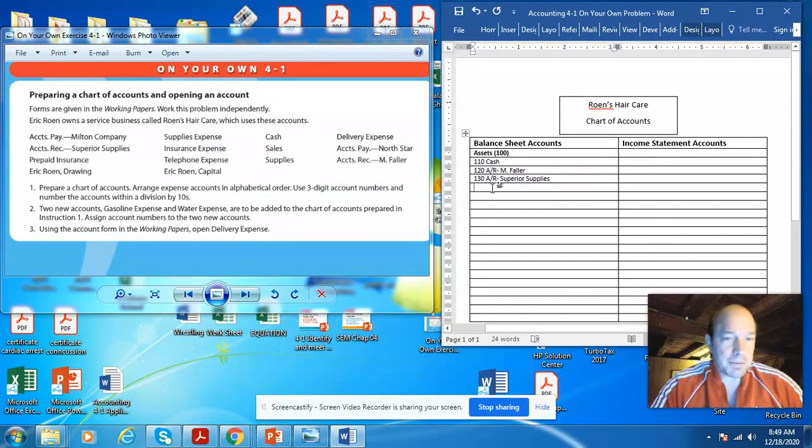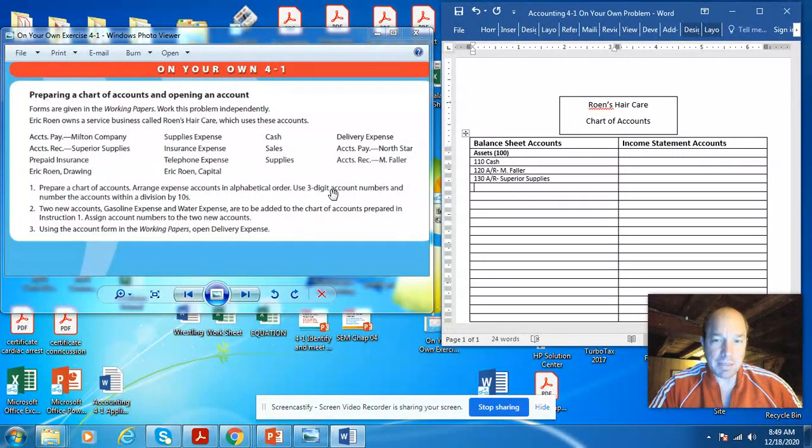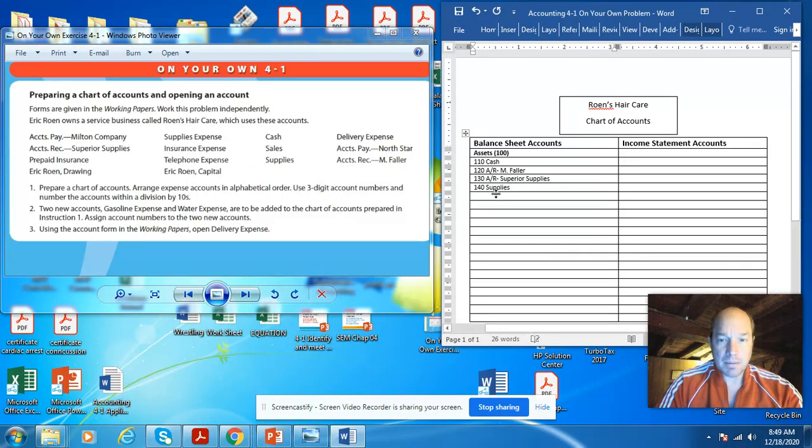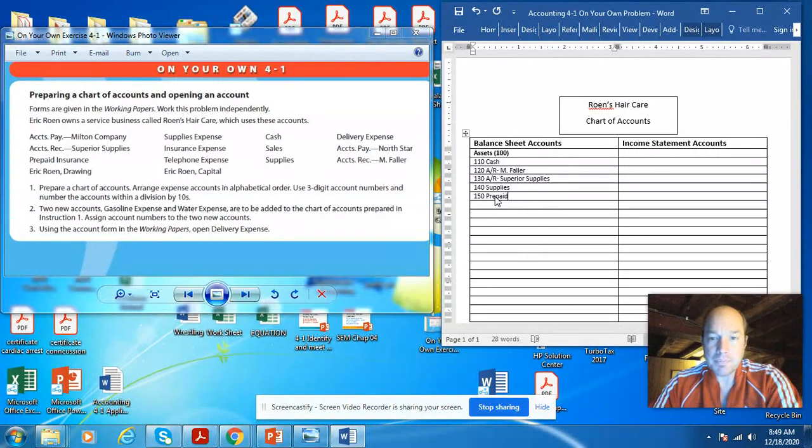Now, what other asset accounts do we have? So, cash, two accounts receivable accounts. We know we have supplies out there, and we know we have prepaid. So, let's go 140 supplies, and let's go 150 prepaid insurance, which is an asset account.